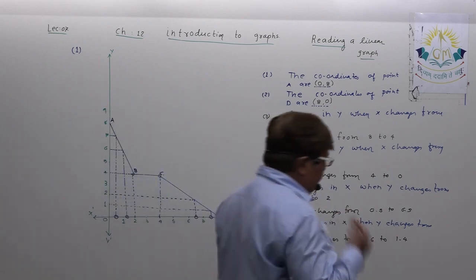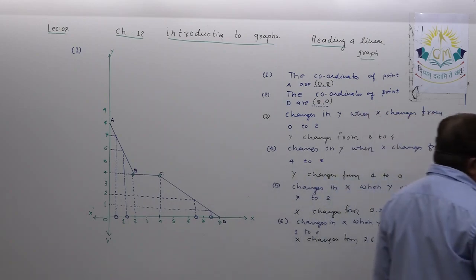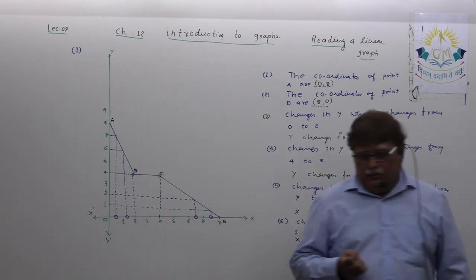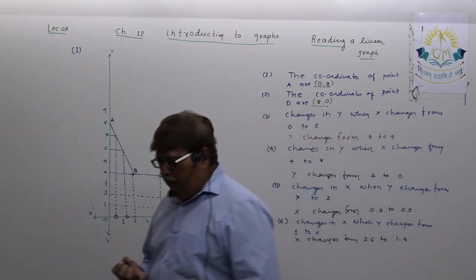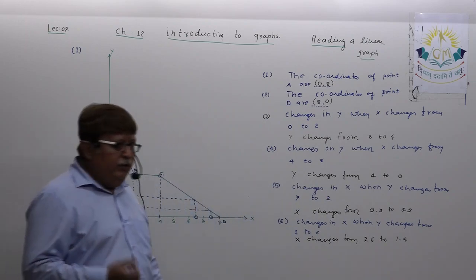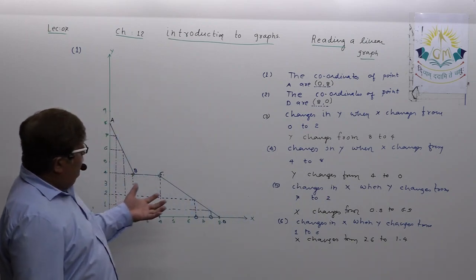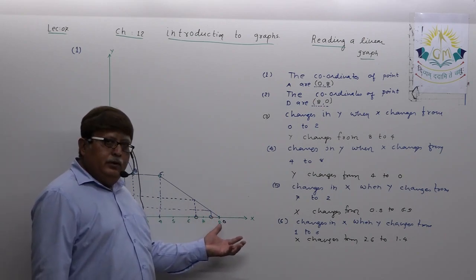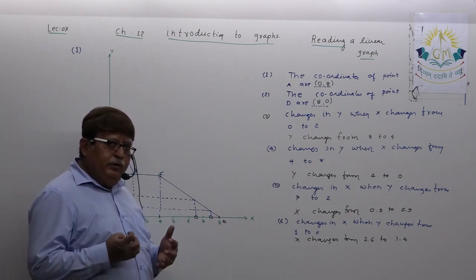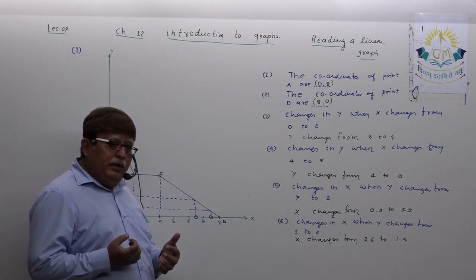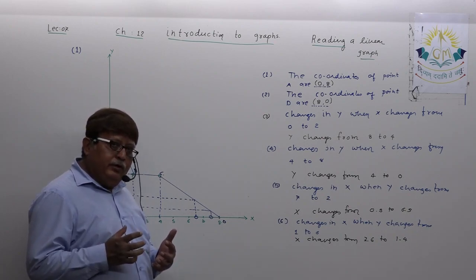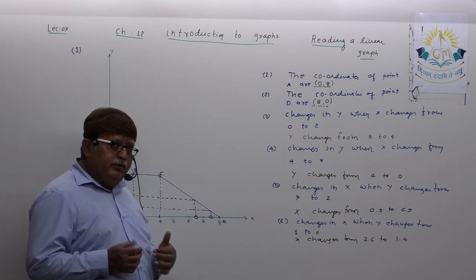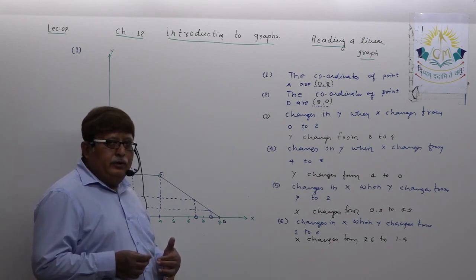So this is the way you need to develop the skill of reading a linear graph. Whenever you are given such a particular question, you need to develop the skill of how to read the given graph. This is also important.